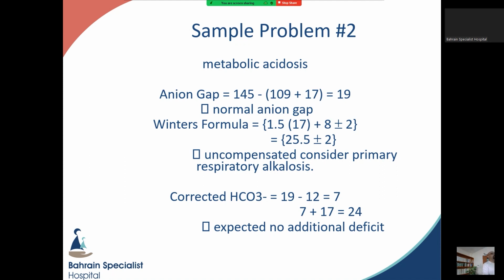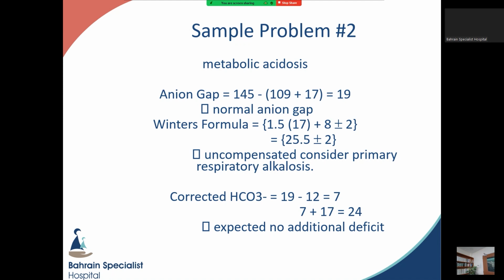If I have a salicylate poisoning, aspirin overdose, the presentation mostly will be a metabolic acidosis associated with a primary respiratory alkalosis, not dependent on each other. Correct the HCO3 to know if there is another metabolic disorder. 19 minus 12, 7. The 7, plus HCO3, 24.